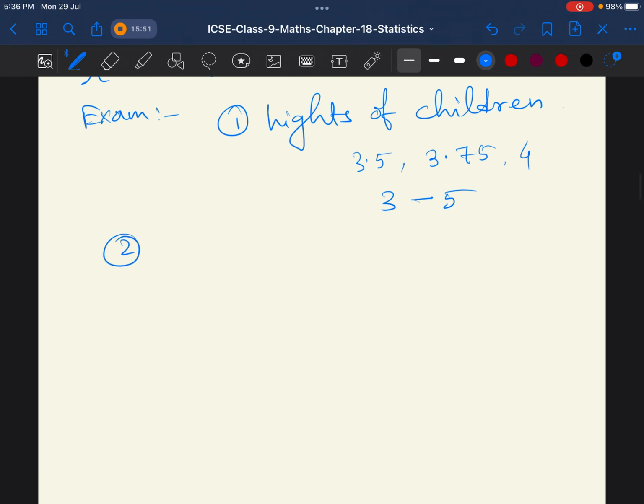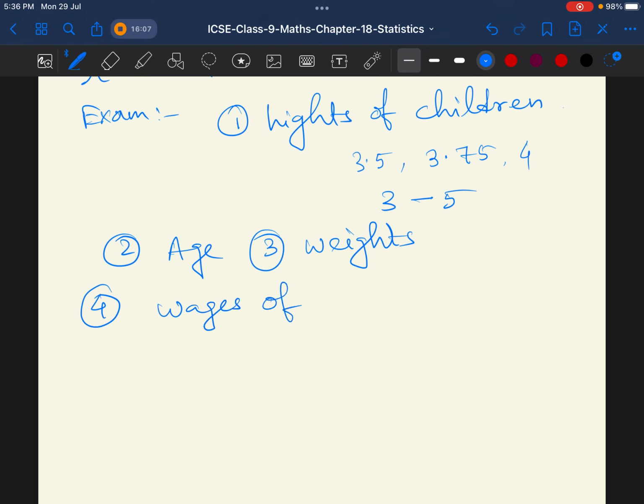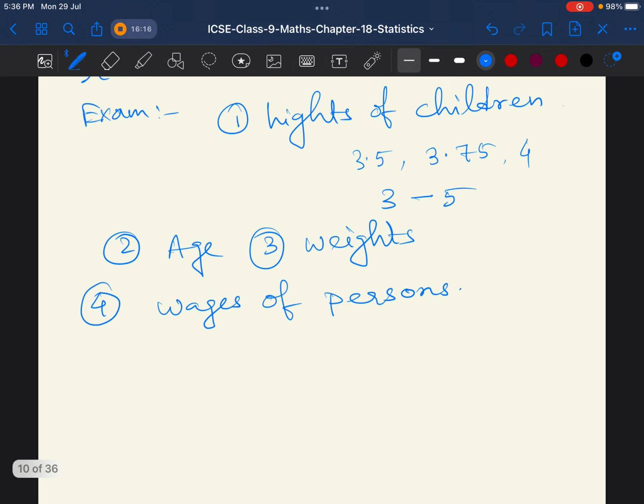And another example will be age and weights of a person. Salary of a person will be 9.5k, 10k.